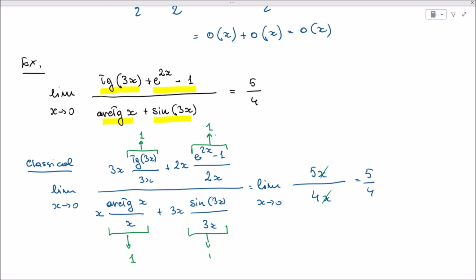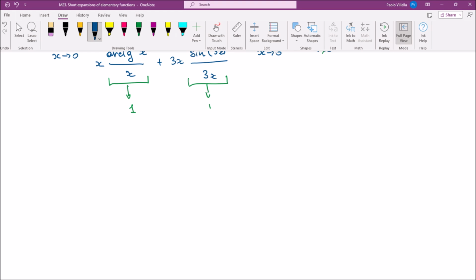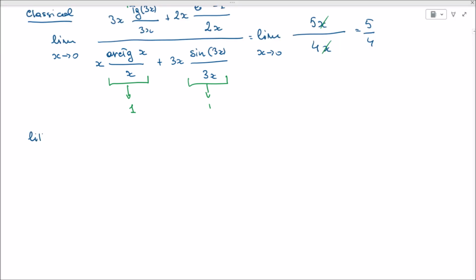But let's now use the small expansions, which basically use the little o to solve the limit. So what I'll do now is just replace each of the functions with their corresponding small expansion.